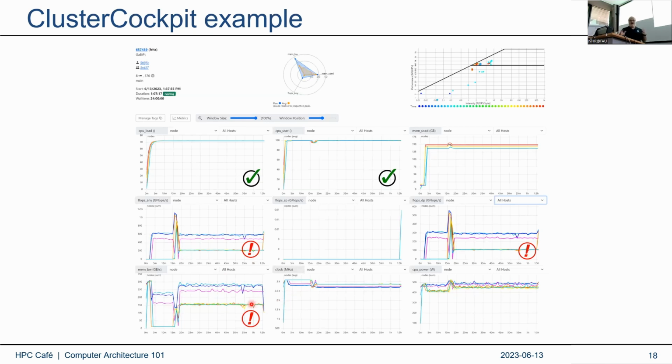So somehow these nodes are doing different amounts of work. Maybe we could improve the performance of this code by balancing the load between the nodes. Whether that's possible or not, it's a totally different matter, and we'd have to talk to the user about that. But as I said, this is not too bad as jobs go. There are other users that have much worse jobs.